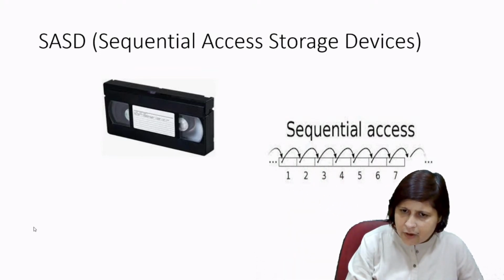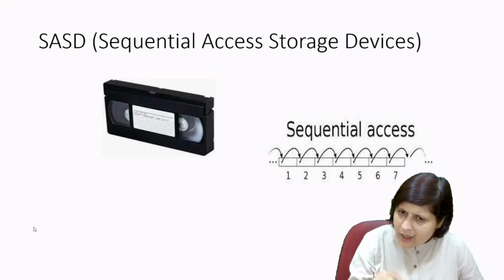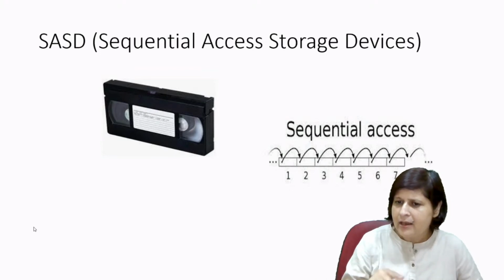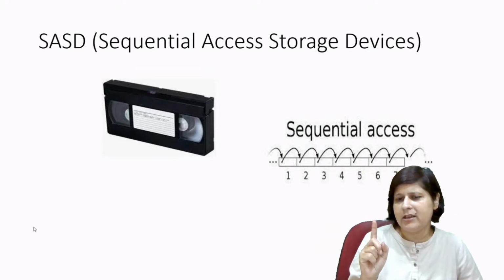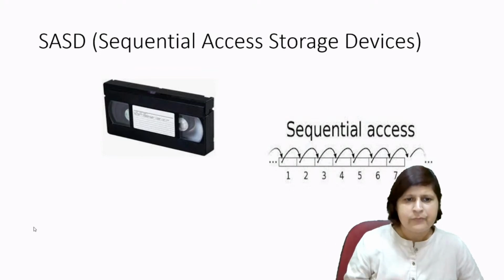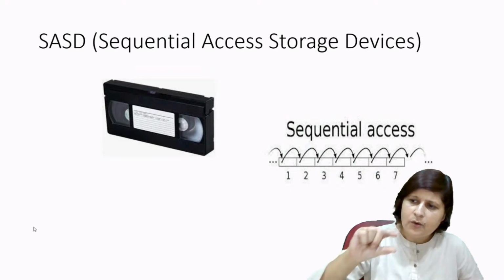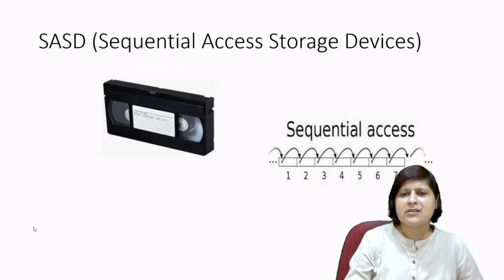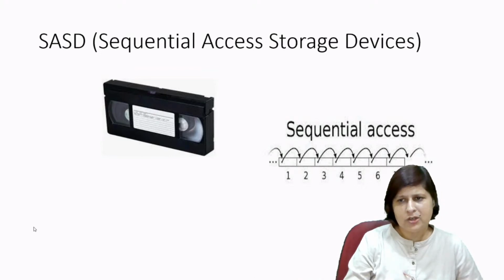Even when you fast forward, you are still sequentially accessing the blocks. That's a different thing; the speed has just been increased. As the name suggests, you have to go through a specific sequence. This is a sequential access storage device.